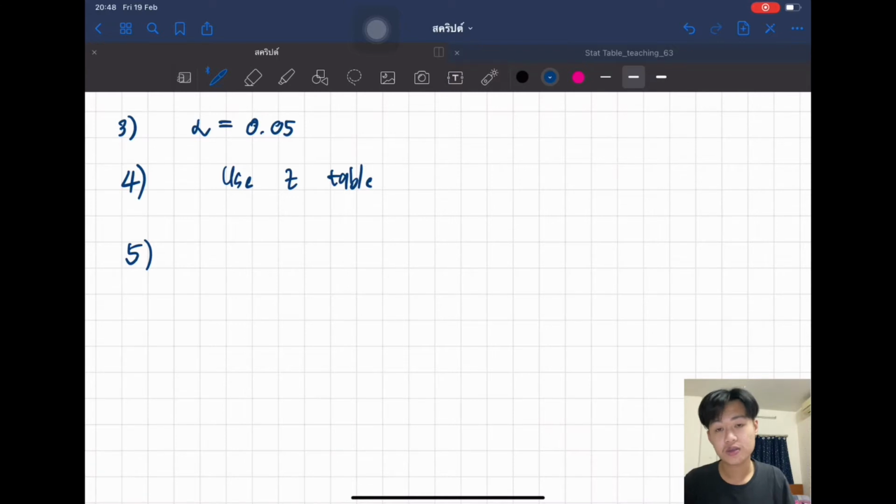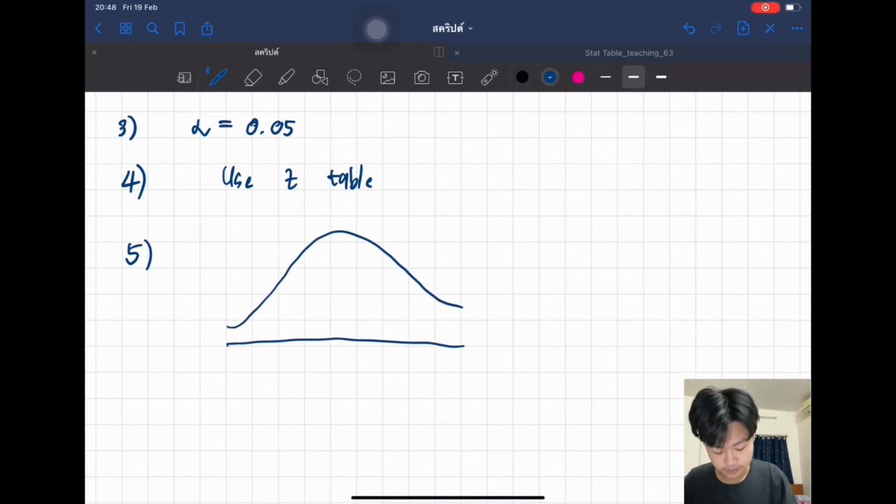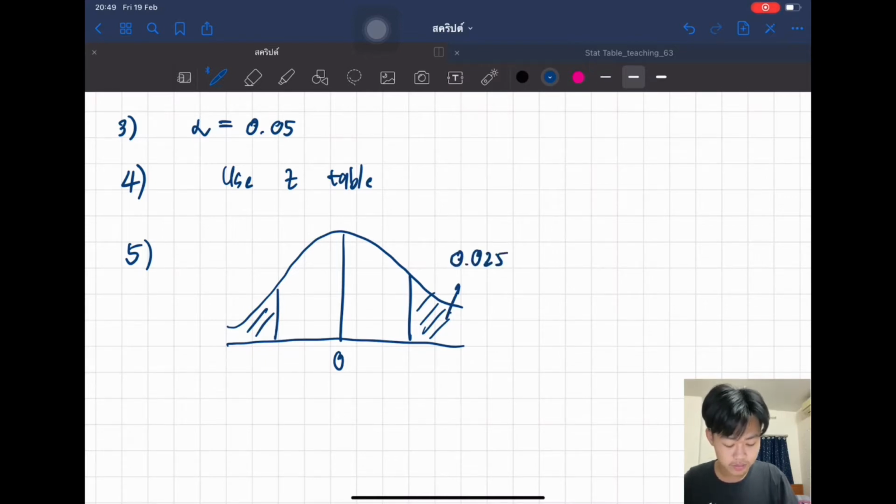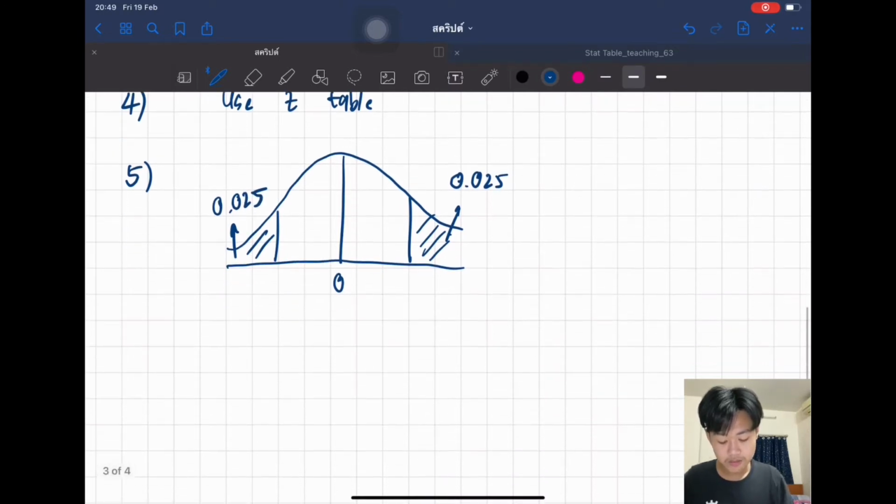Okay, next step. Define a critical zone, or a zone to reject the null hypothesis. Draw a graph. Here 0.025, the same on this side. We know 1 minus 0.025 equal 0.975.